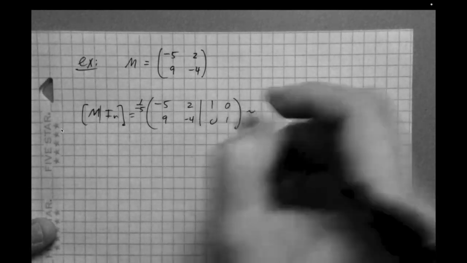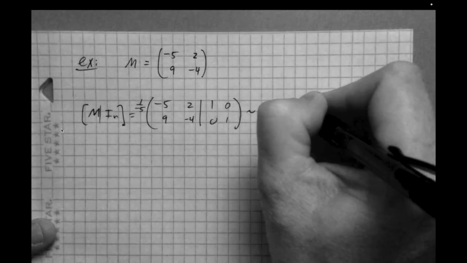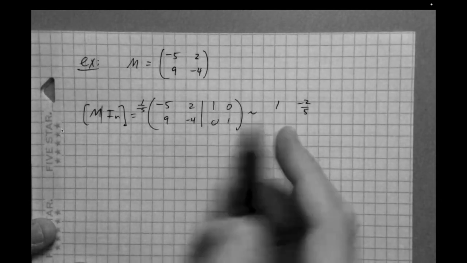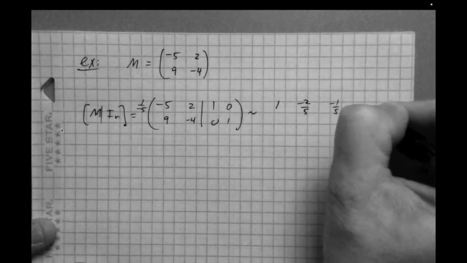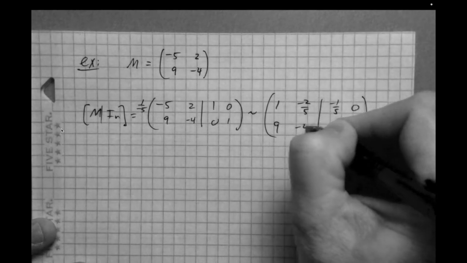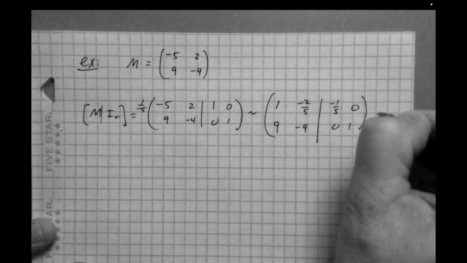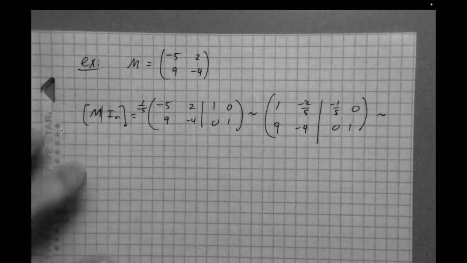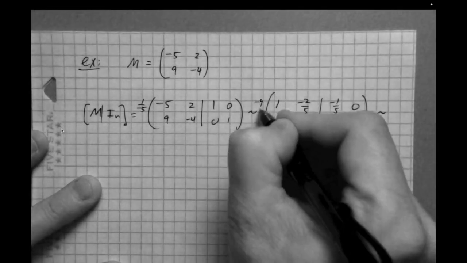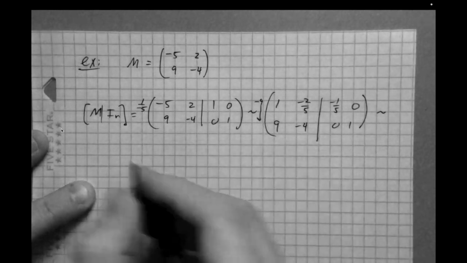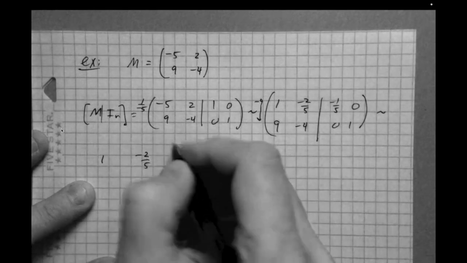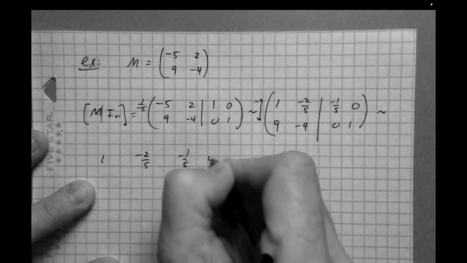And so this would be 1, -2/5, and then this will be -1/5, and 0. And then 9, -4, 0, and 1. Okay. And then we can multiply by 9 and bring that down. So I would have 1, -2/5, -1/5, 0.